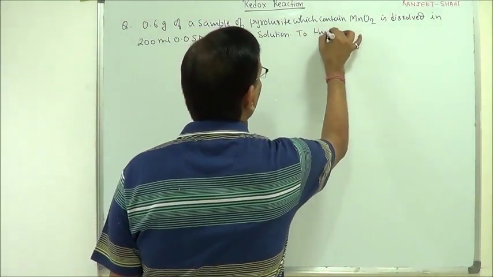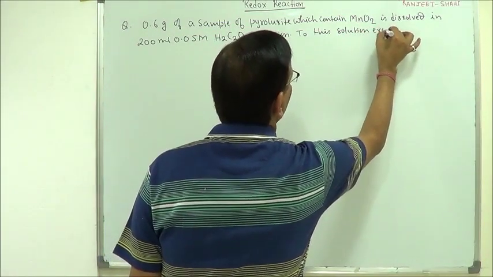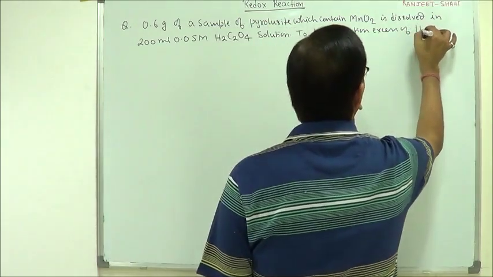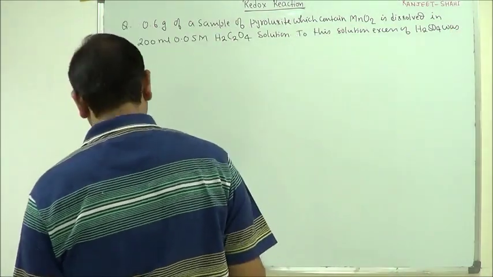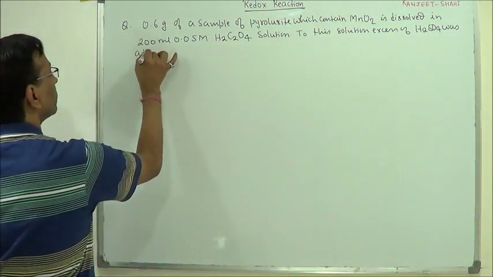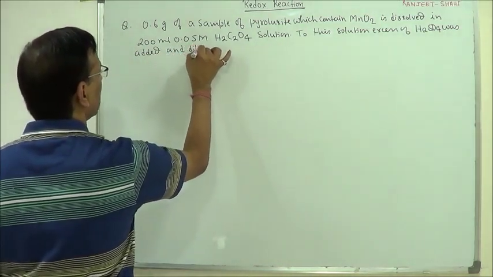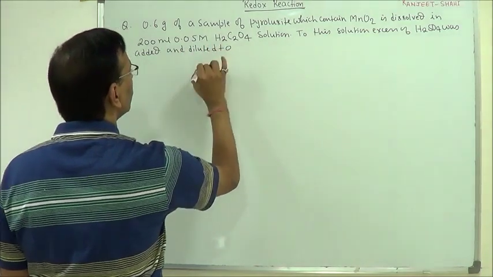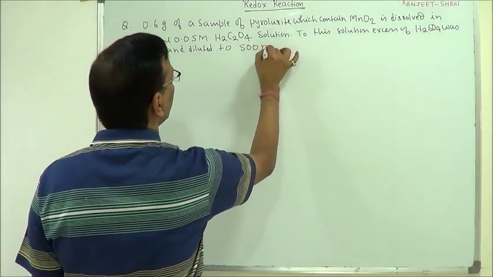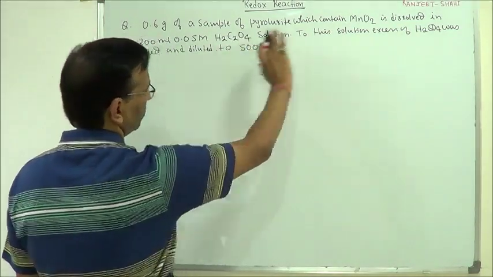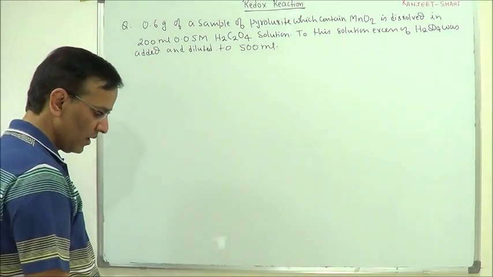To this solution, excess of H2SO4 was added and diluted to 500 milliliter. So now by adding water, the solution is diluted to 500 ml.